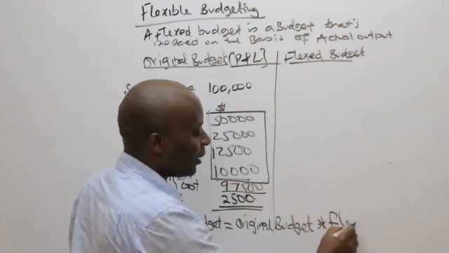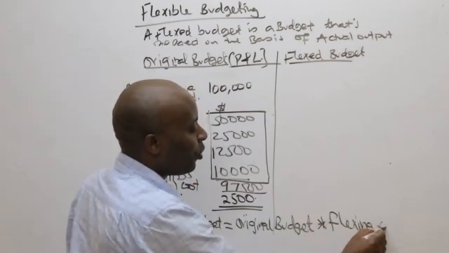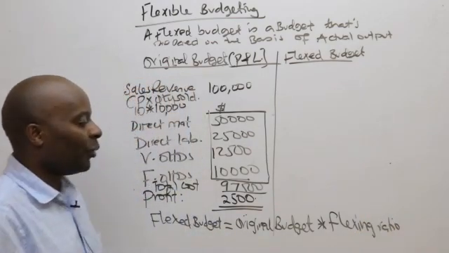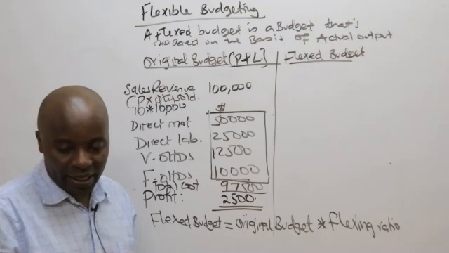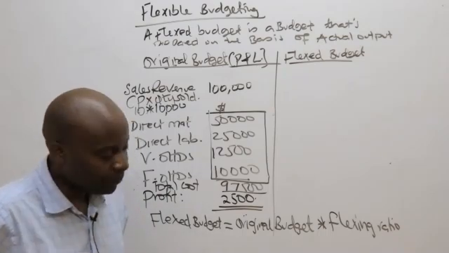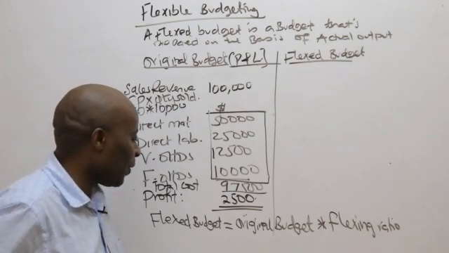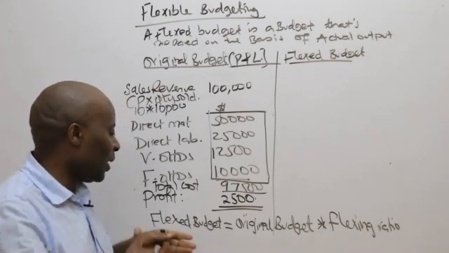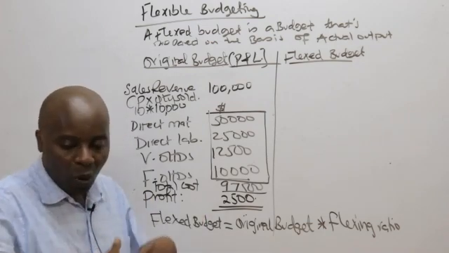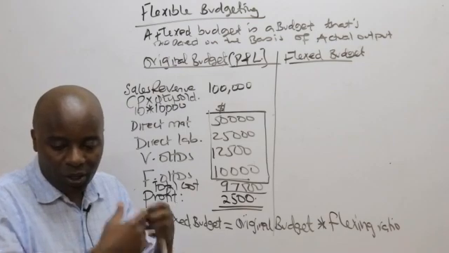Very easy. So anytime they want us to flex a budget, we'll be taking the original budget multiplied by who? The flexing ratio.